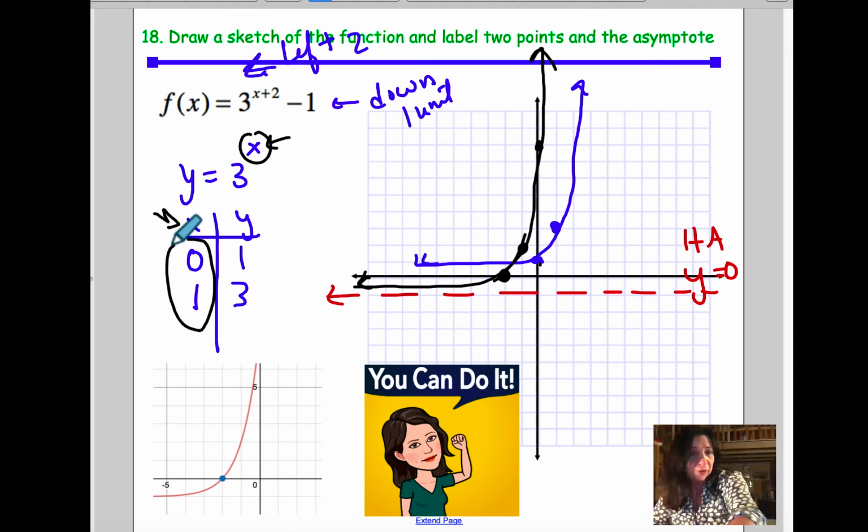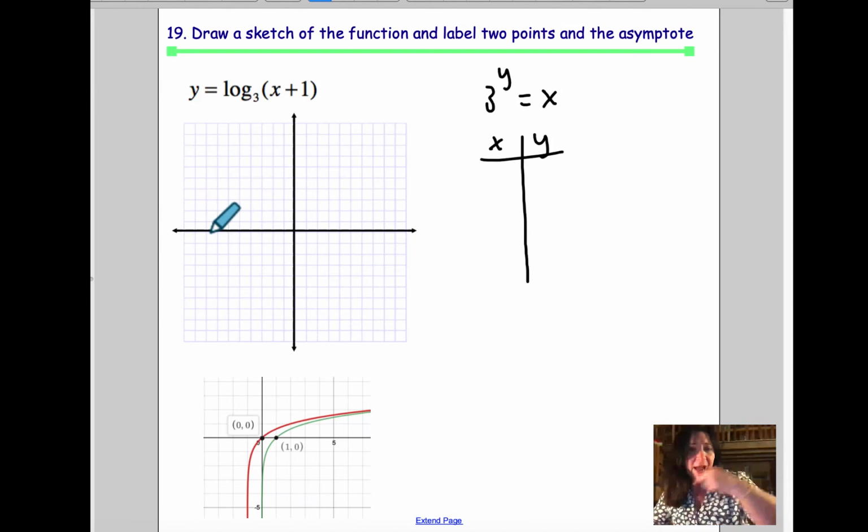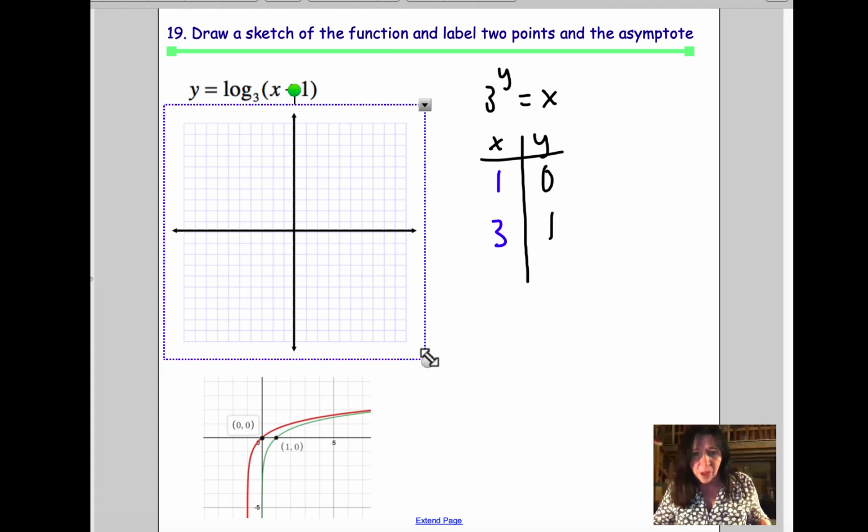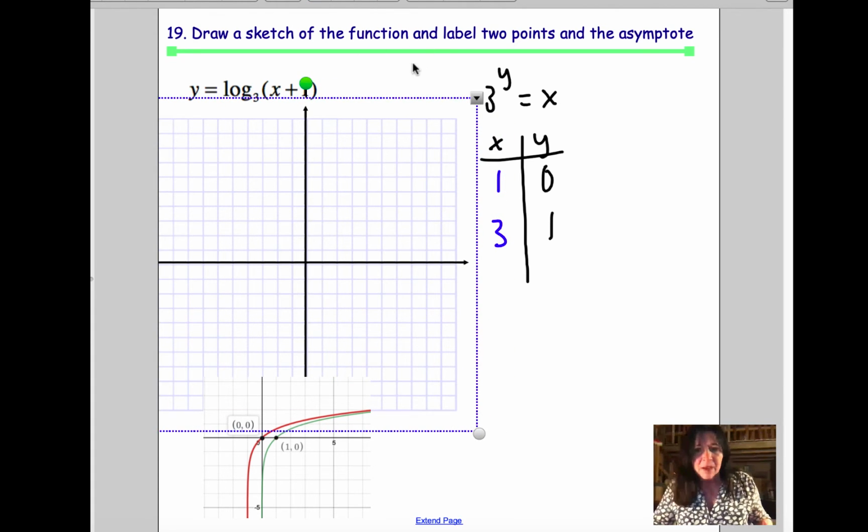But if I have a y up there, 3 to the y power, I'm going to plug values into the y coordinate. So I would plug in my two favorite points, which are 0 and 1. 3 to the 0 power is 1. 3 to the 1 power is 3. So these are my points, (1, 0). I'm going to plot those points.